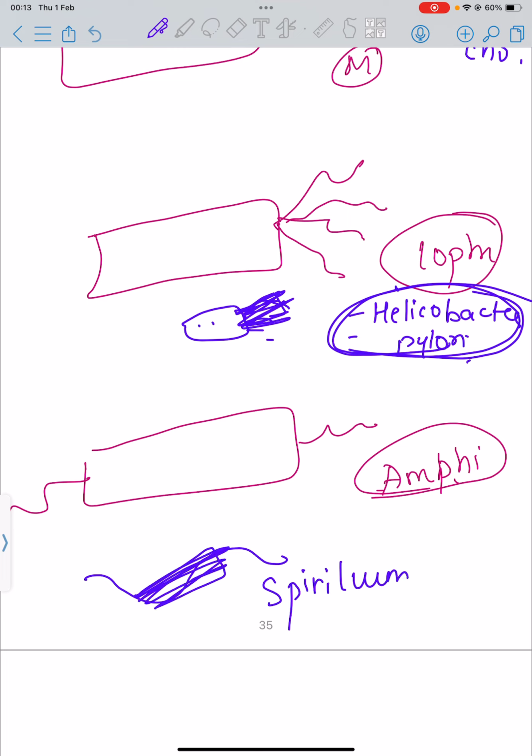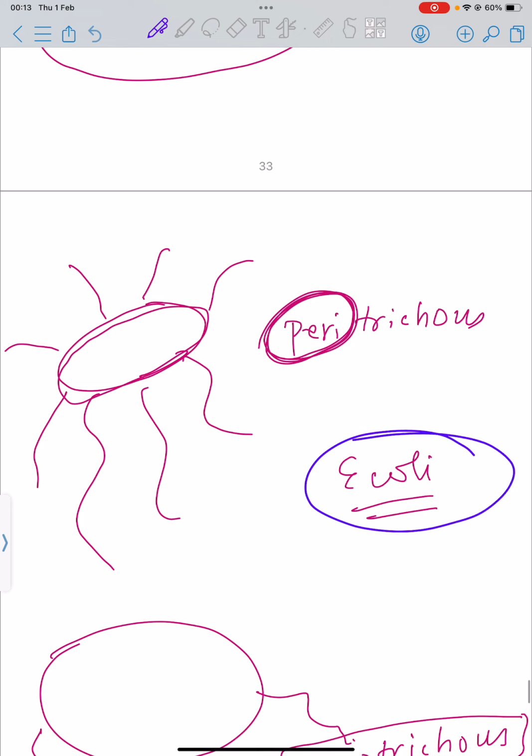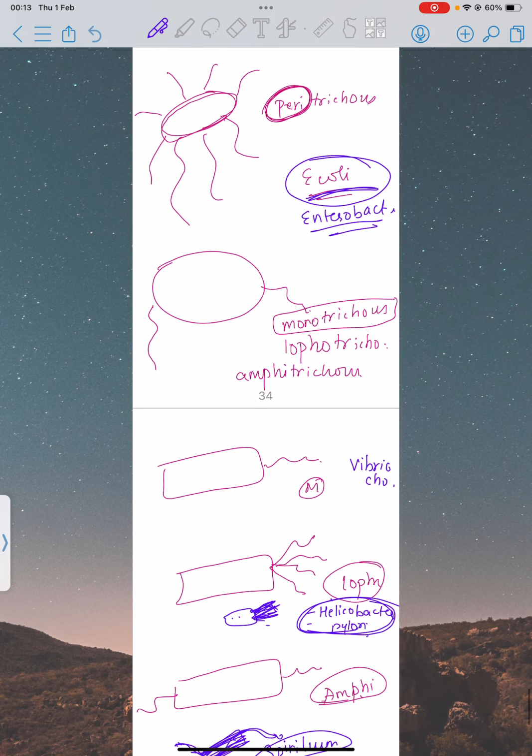If you imagine the structure with one flagellum at each end, it is spirillum. So examples of all 3 are done, and peritrichous is E. coli or gram-negative Enterobacteriaceae. For now, just remember E. coli. So this is also summed up.